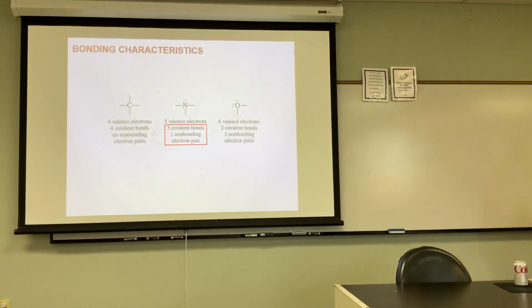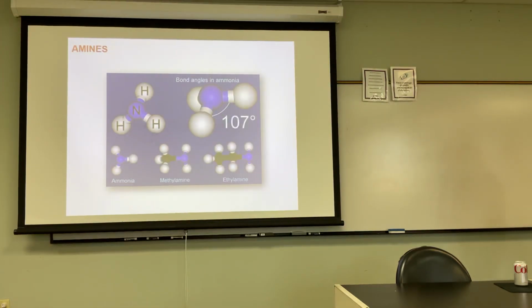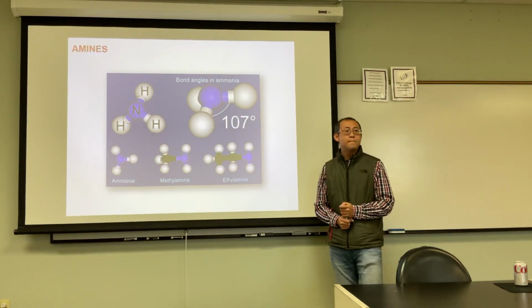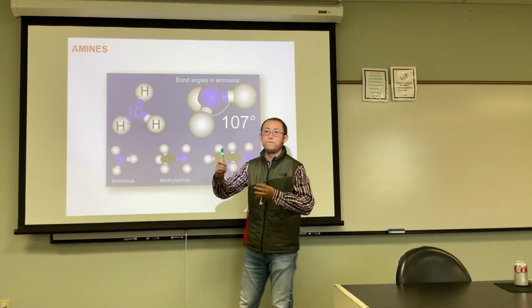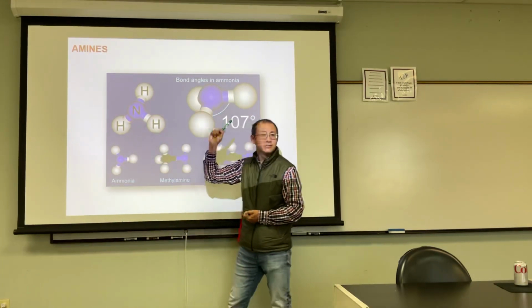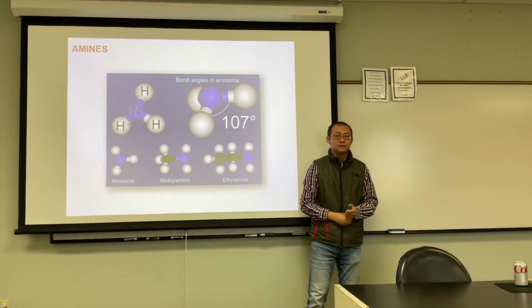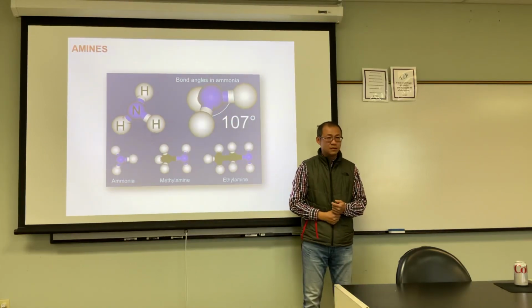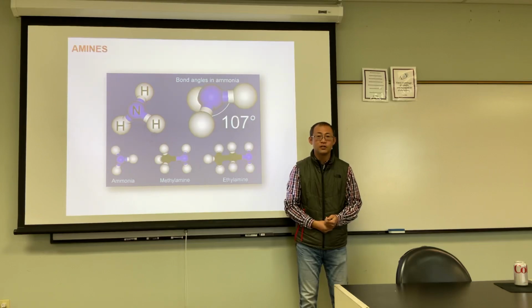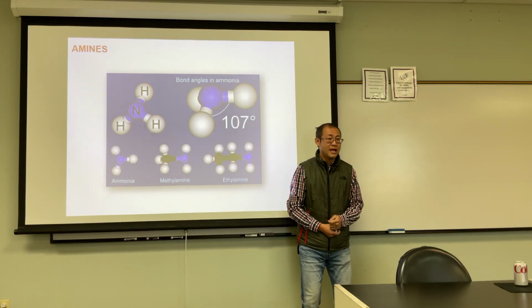Okay, so first, take a look. Nitrogen, when bonding with 3 hydrogens, gives the simplest nitrogen-containing molecule called ammonia, NH3.